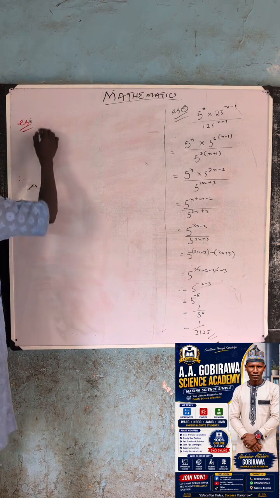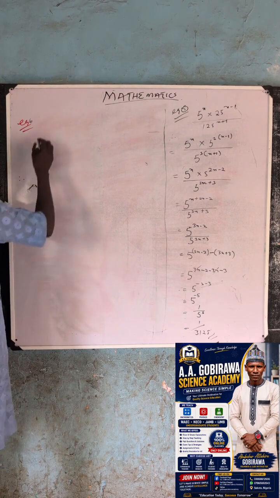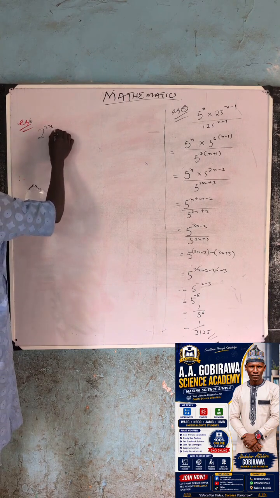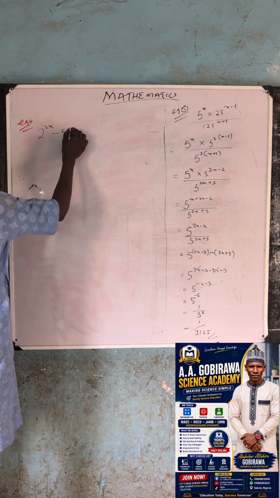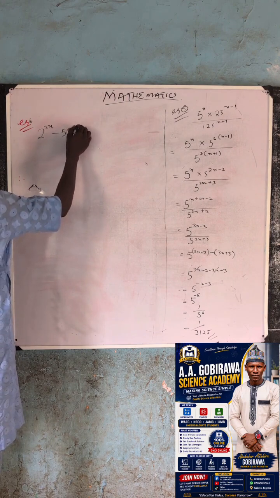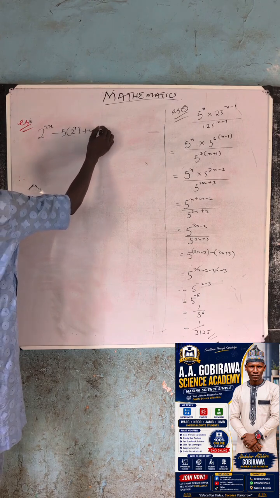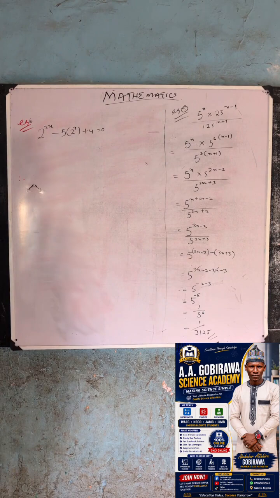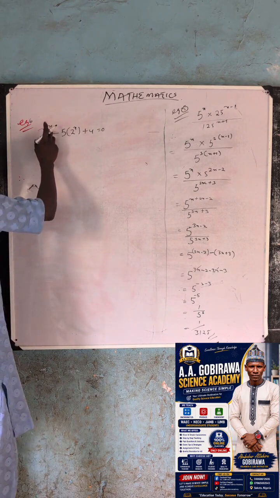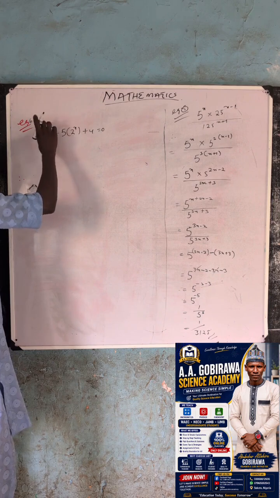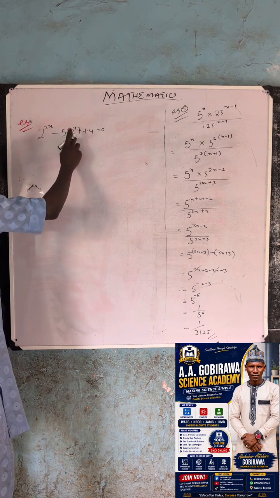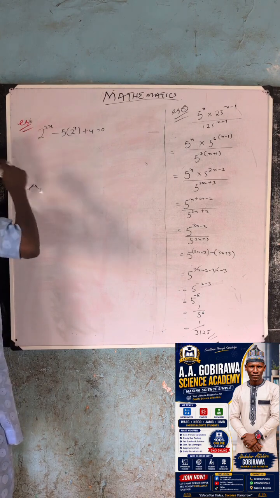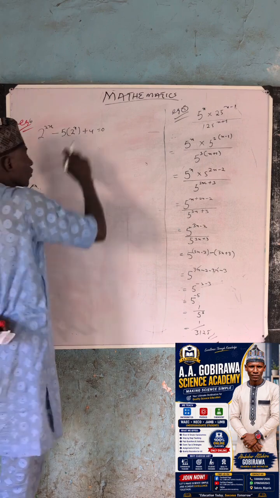Given that 2 power 2x minus 5 into 2 power x plus 4 is equal to 0. So in this case, we have the power law, then the product power law, don't we? So it is equal to 0.